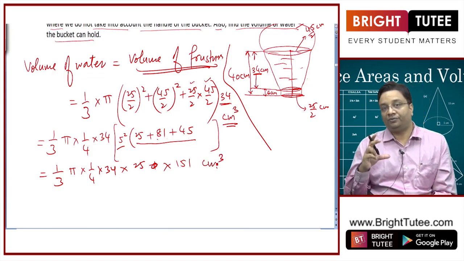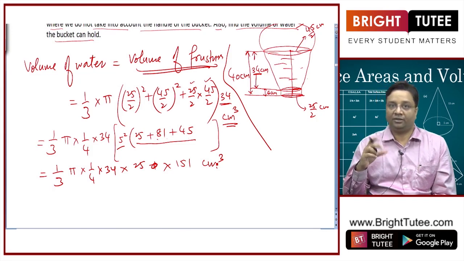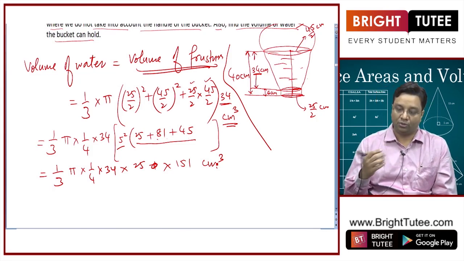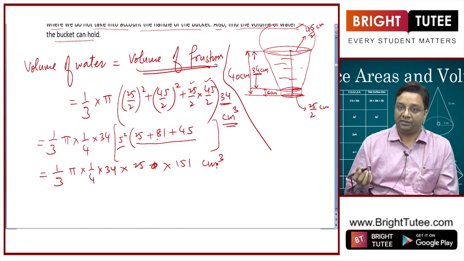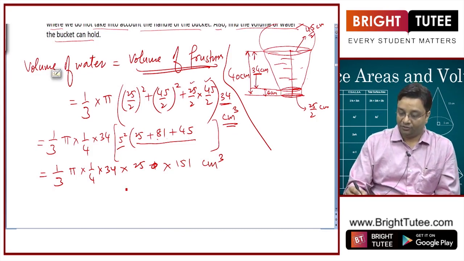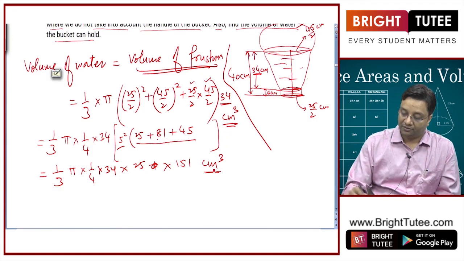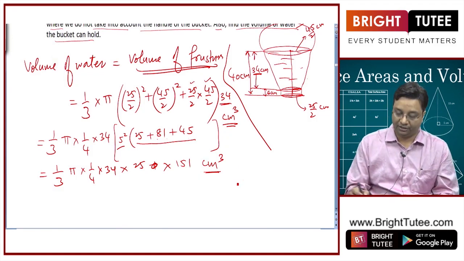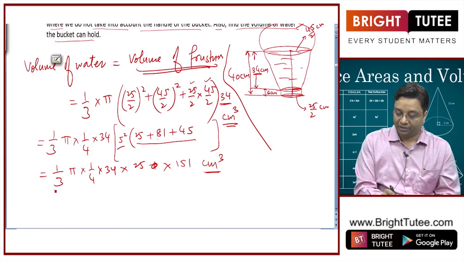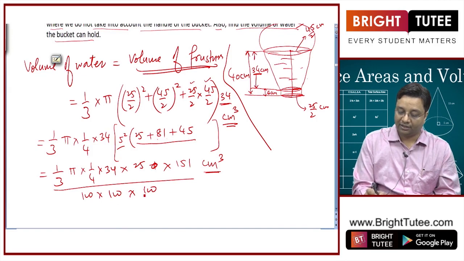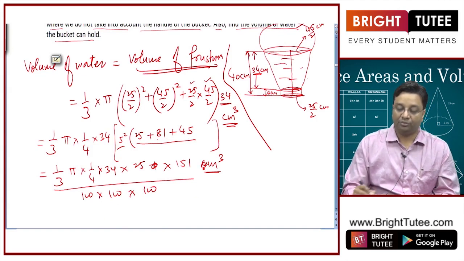So the volume of this bucket, or the volume of water that this bucket can hold, can be calculated in liters. So for that you will have to convert it into meter cube first. For calculating the volume of this bucket in meter cubes, you will have to divide it by 100 into 100 into 100. Now this volume is in meter cubes, right.